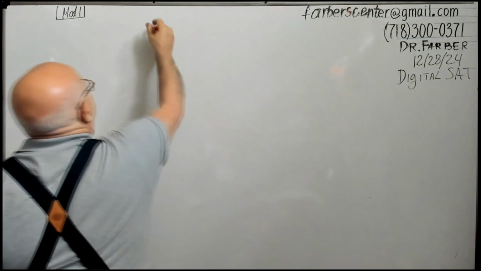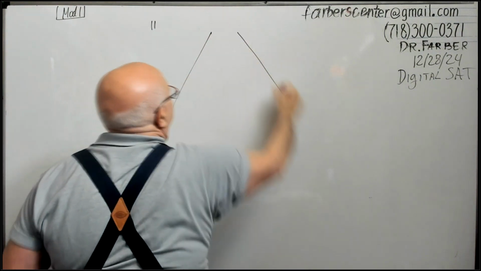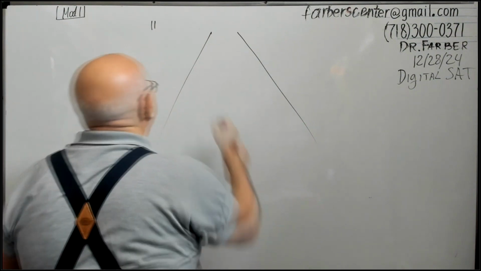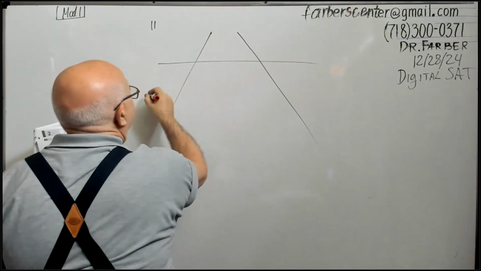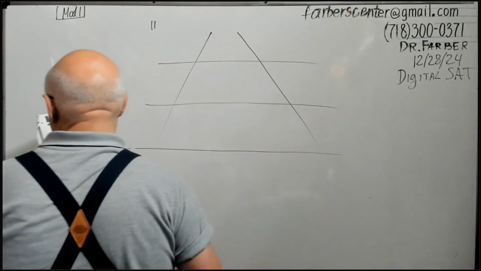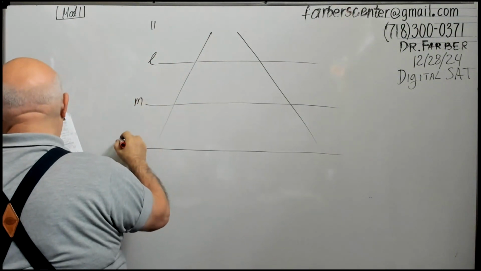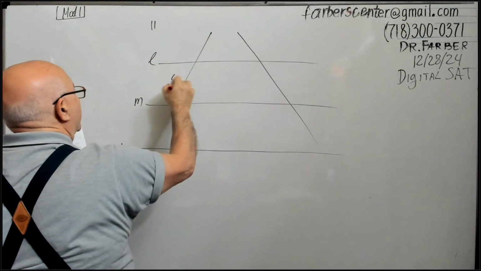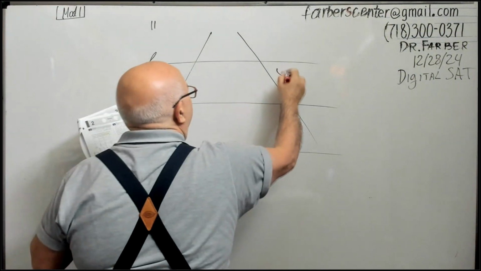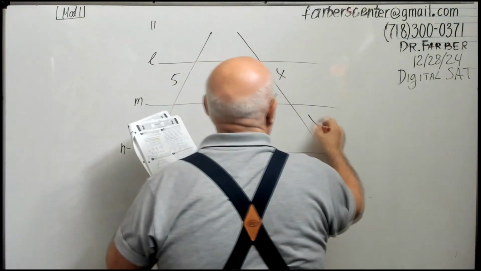Make a picture. Try to make a little bit bigger picture. We have two lines, and this is 5, this line L, M, N, this 5, 8, x, x plus 5.